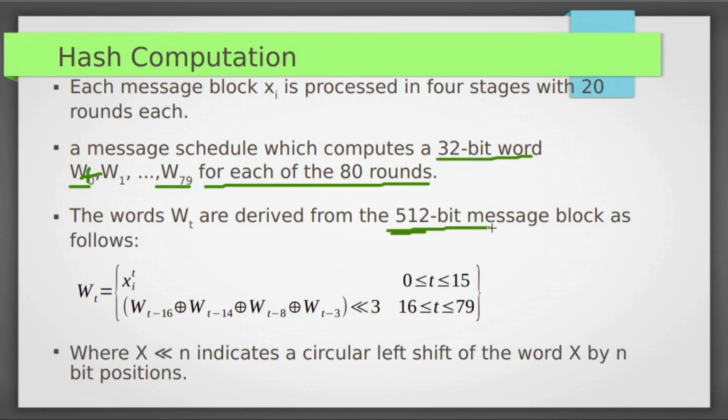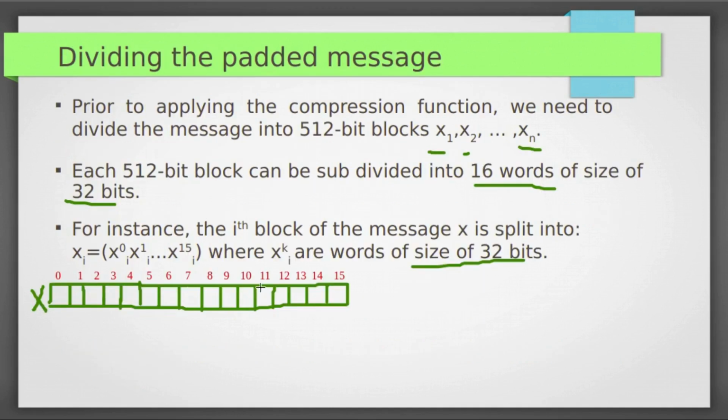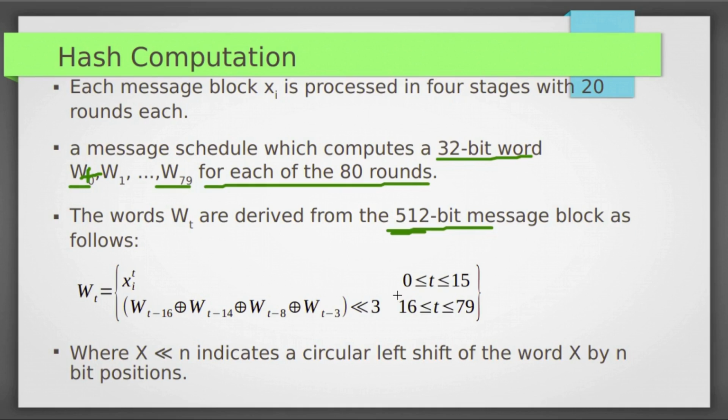Split 512-bit message block into 32-bit words. You will get 16 such words. This is x0, x1, x2 till x15. Copy the first 16 words from index 0 to 15 into WT. This xi values will be copied to WT.